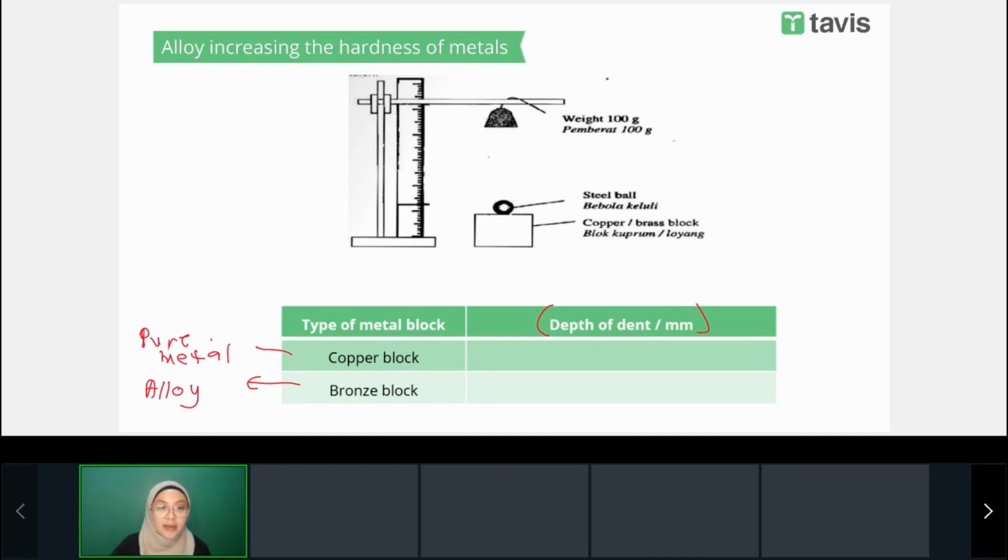Of course, for an alloy, the depth of the dent will be low, not as much as the pure metal. Deeper dent will be formed at the pure metal because it is less hard. So bronze will have a slightly shallower dent as alloy is harder than the pure metal.